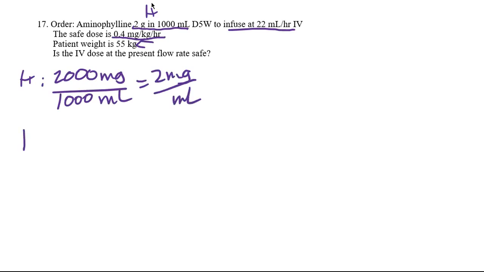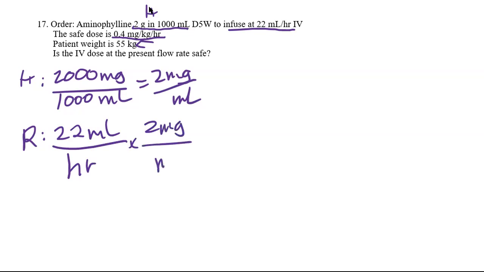We're infusing at a rate of 22 mLs per hour. So let's find out what kind of dose we have here. We're given 22 mLs per hour. We have 2 milligrams per mL, so let's go times 2 milligrams per mL, cross out the mLs, and we're actually giving 44 milligrams per hour with that bag that we're hanging there.